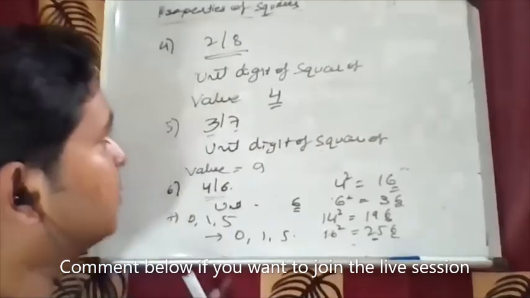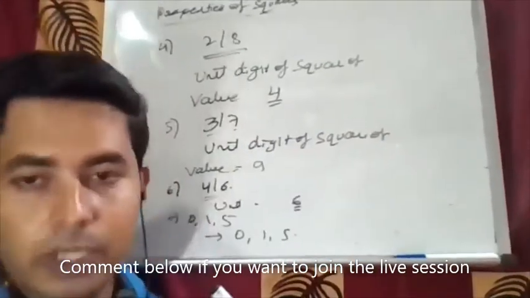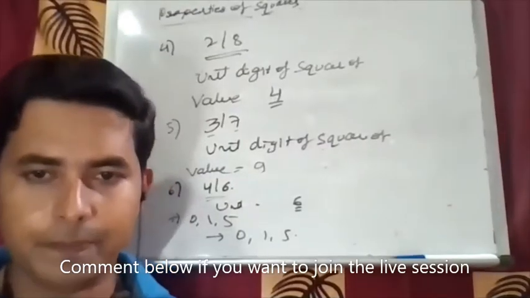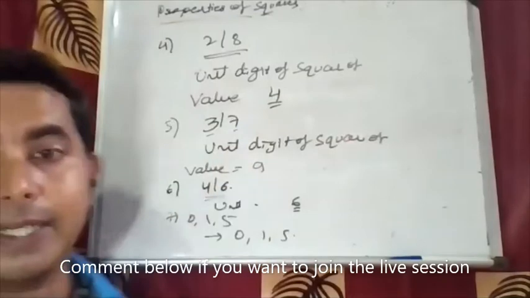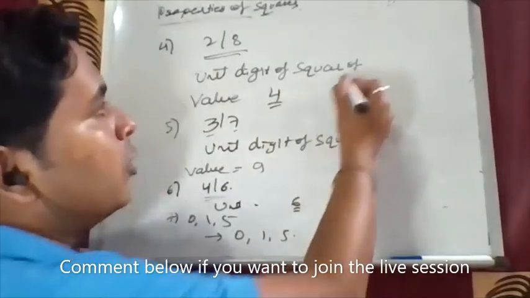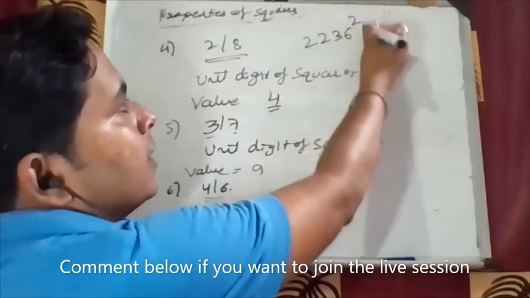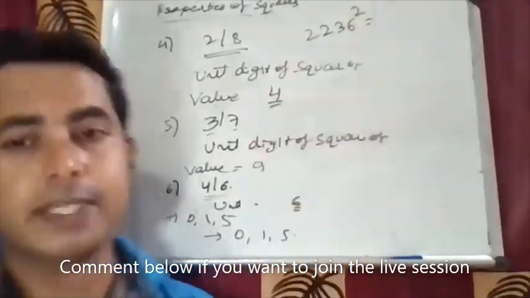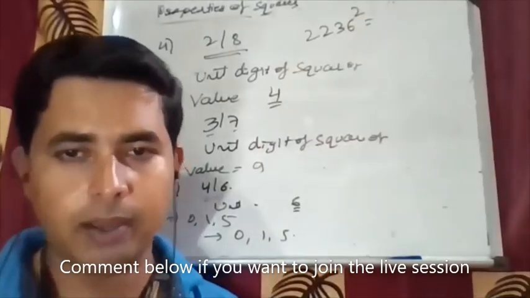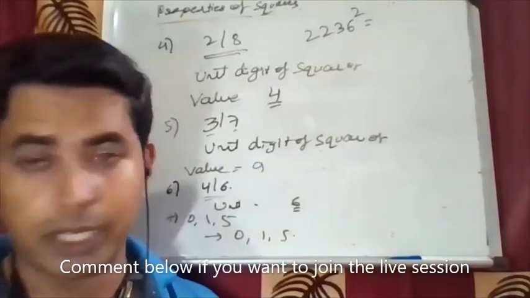So these are the properties you should understand, because sometimes they will ask what is the unit digit of a square. Just see the given number. I'll take 2236 squared. I don't know its value, and it will take more time to compute, but they are not asking for the value of 2236 squared. They are asking what its unit digit is.